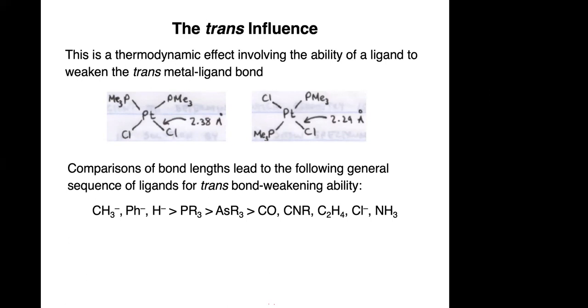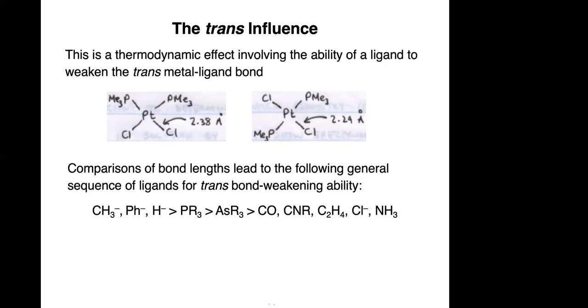However, if you do a comparison of these bond lengths overall, you'll note that here you see an approximate trend of these bond lengths in this trans influence. And it does not strictly follow the trans effect that we saw on the previous slide.